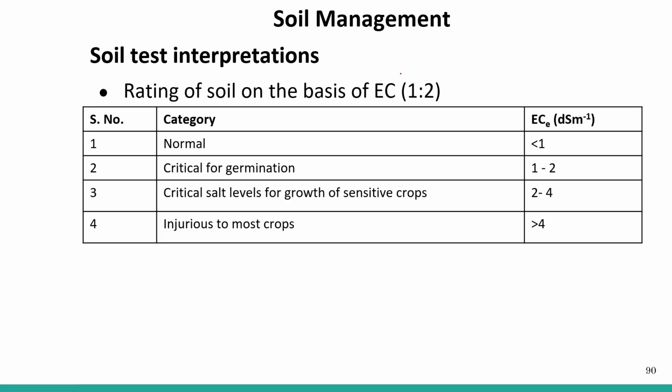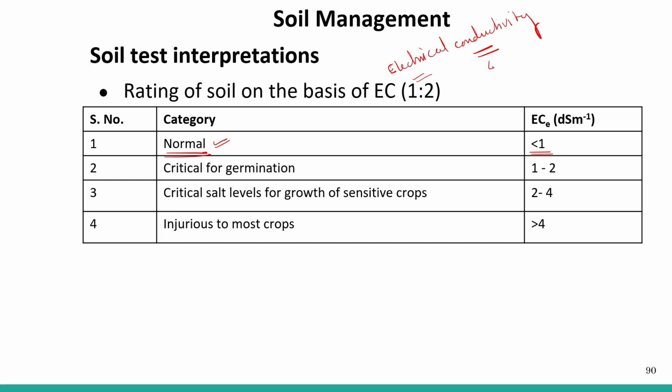Rating the soil on the basis of EC. EC means electrical conductivity. The soil is normal when the electrical conductivity is below 1. So how do we know the electrical conductivity?